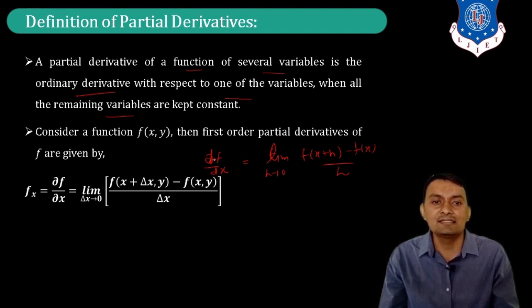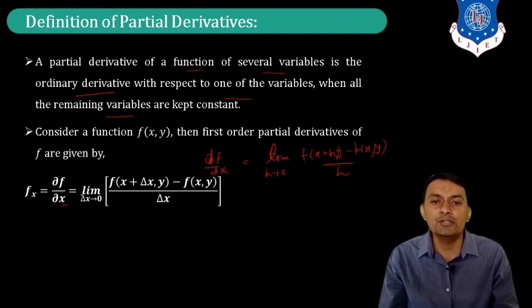In that case, for the partial derivative of a function of two variables, we need to change x. That means f of x plus h comma y minus f of x comma y, and that is the definition of the partial derivative del f by del x.